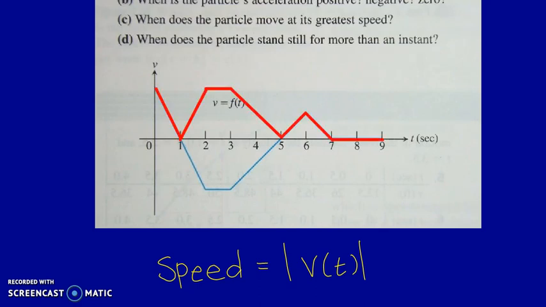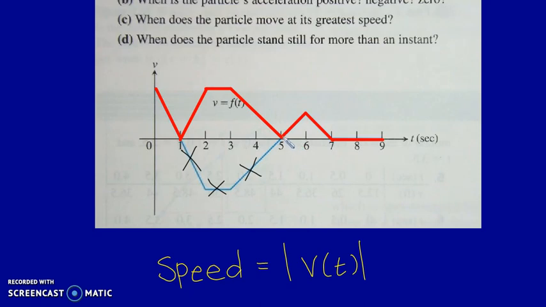I try to highlight in red what the graph of the absolute value of velocity would look like. Pretty much whatever's positive stays positive, and the negative becomes positive. So it's a reflection of this negative portion. So this is not part of the absolute value of velocity. It's a reflection across the horizontal axis because everything that's negative becomes positive.